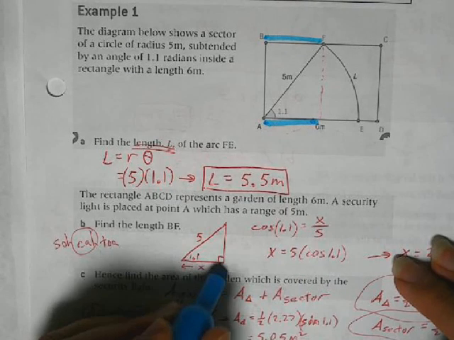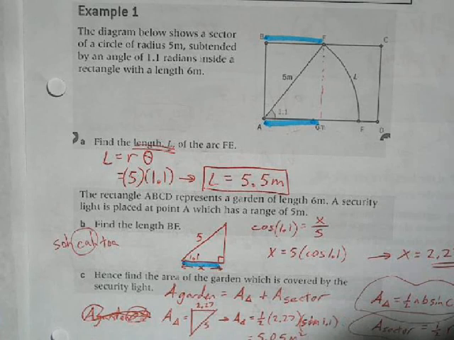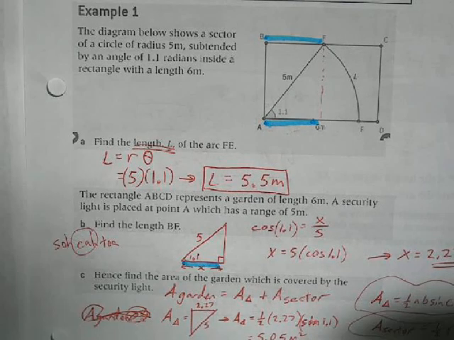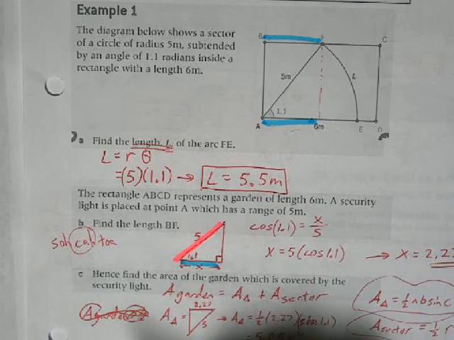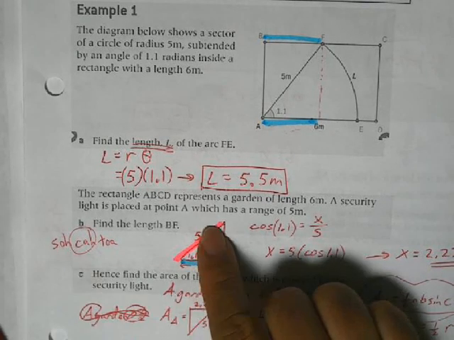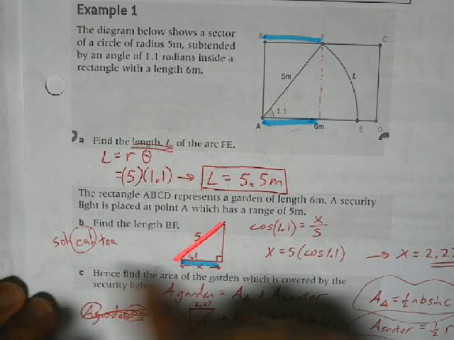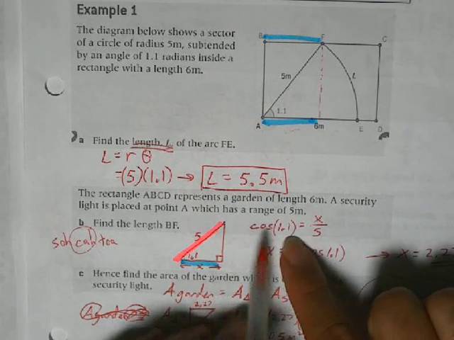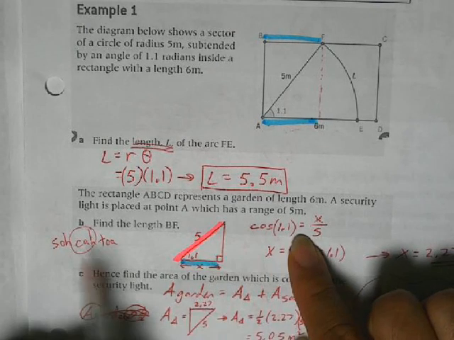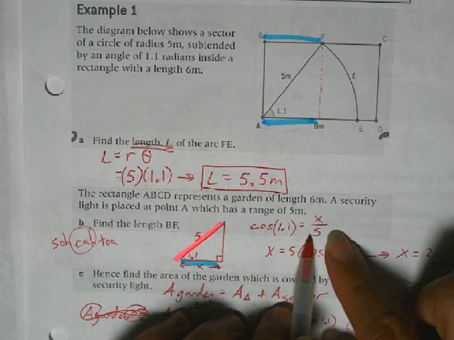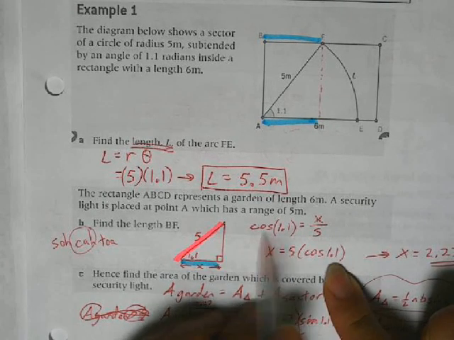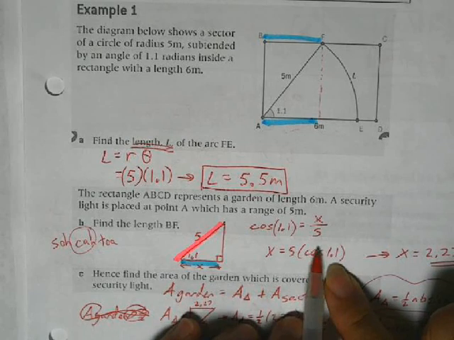So if I'm trying to find that, and I know the hypotenuse is this, I've got adjacent and hypotenuse. I'm going to use cosine to figure this out. So I can do cosine of that angle equals adjacent over hypotenuse, so x over 5. And so to find x, I can multiply 5 on both sides.